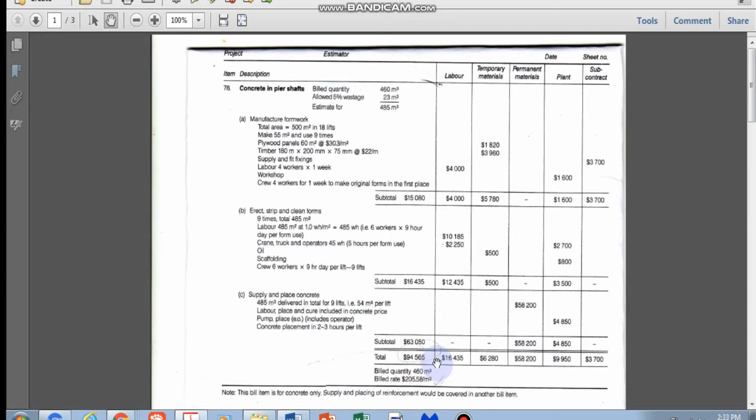So you add them up. All these subtotals you add up here are going to be equal to this. So this is a subtotal add up. I think this is one example of how we use the description of work, production rate, hours, quantity and all that, and place it into the costing sheet that we have.